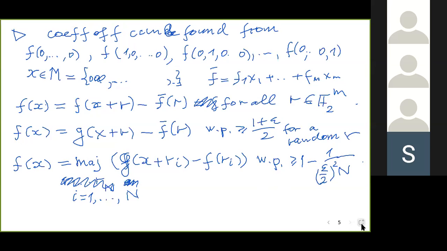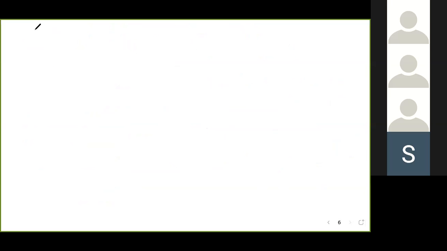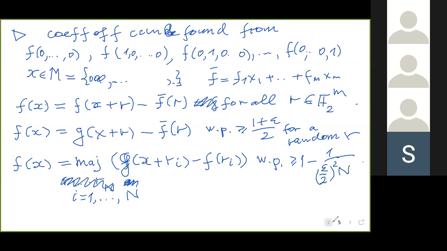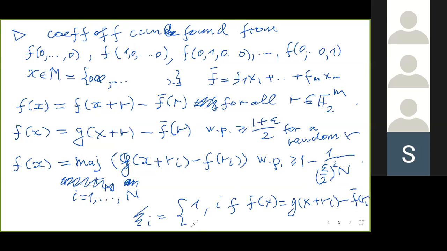Because we will need the proof of that inequality. First of all, let's introduce the variable xi, which is 1 if this happens, if f of x indeed equals g of x plus ri minus f tilde of ri, and 0 otherwise.